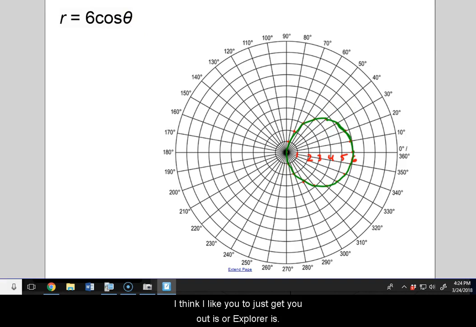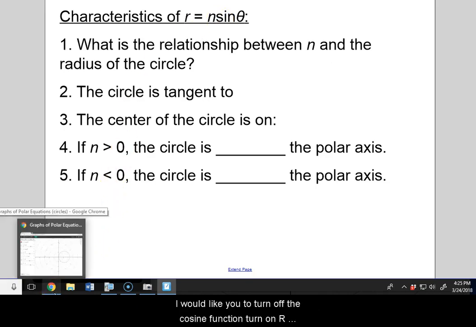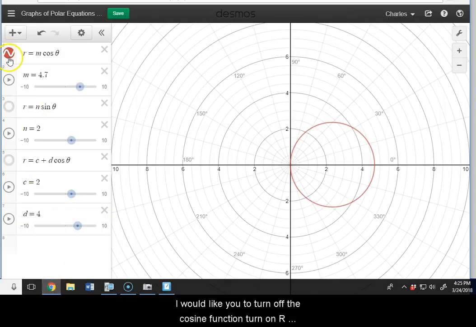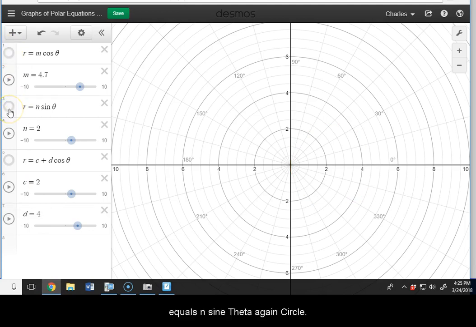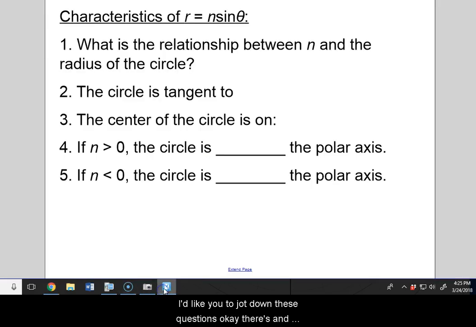The second curve I'd like you to sketch out, or explore, is what happens when we have sine of theta. And what I'd like you to do is go back and visit Desmos. I would like you to turn off the cosine function, turn on r equals n sine theta, again, a circle. I'd like you to jot down these questions.